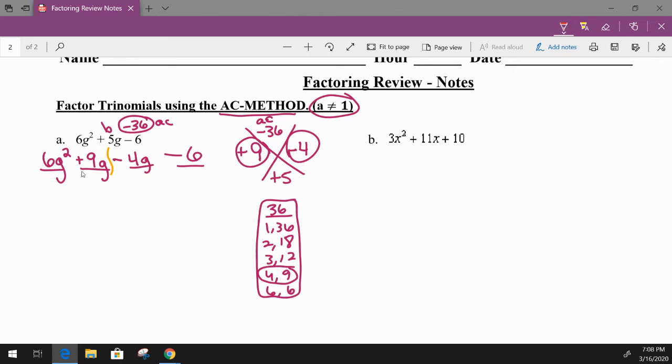So I'm going to factor out a 3 and a g and put it out front here. And then just like before when factoring out a greatest common factor, you're dividing 6 by 3, which leaves you with 2. You're taking the g squared and factoring out a g, which will leave you with a g. And then the 9g divided by 3g is a +3. And there won't be a g here because you're factoring it out. And if you multiplied this back together, it would equal what you started with.